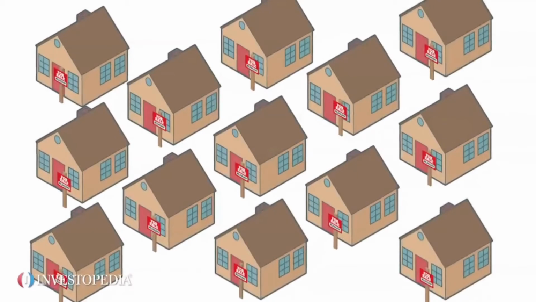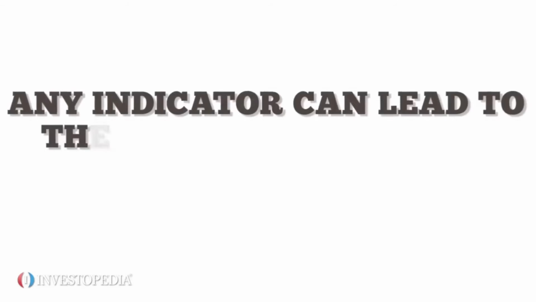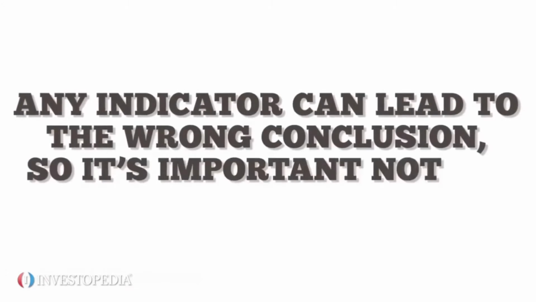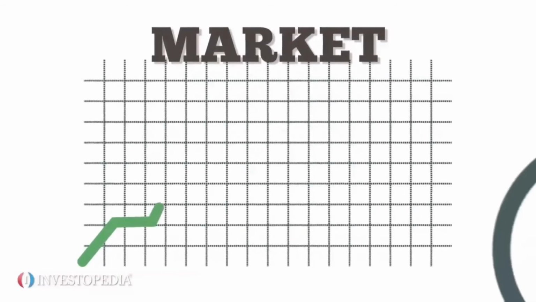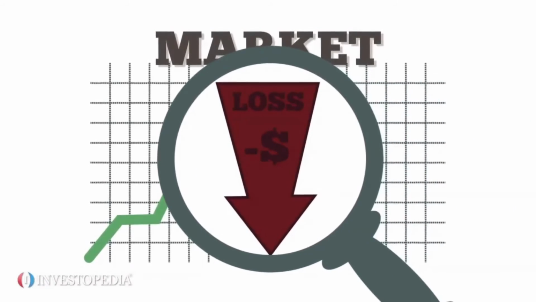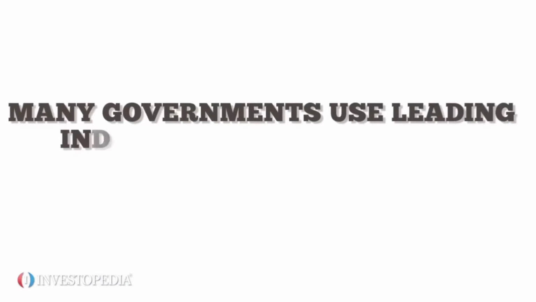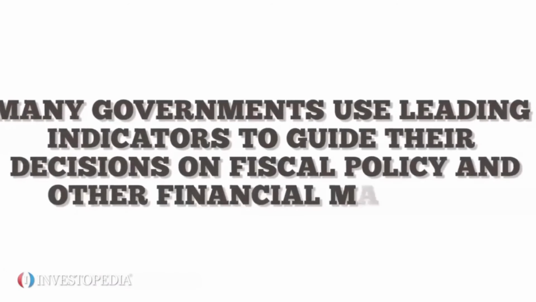An increase in sales could be a good sign for an economy. Any indicator can lead to the wrong conclusion, so it's important not to focus solely on one change. But indicators can shed light on what's likely to come in a market or an economy and should always be assessed before buying a security. Many governments use leading indicators to guide their decisions on fiscal policy and other financial matters.